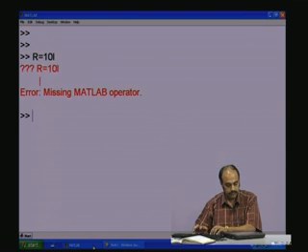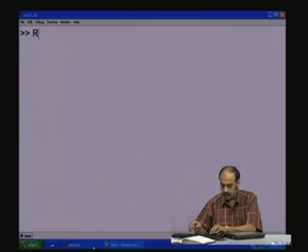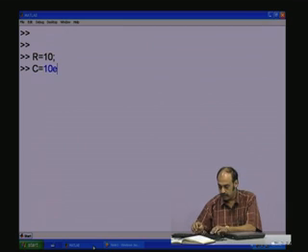Like for example, let us say R equals 10 ohms, C equals let us say 10 microfarads.